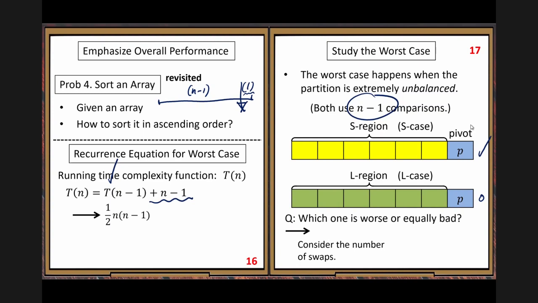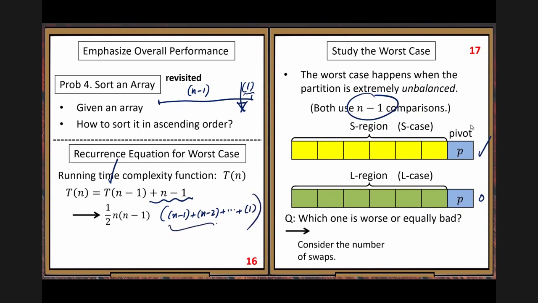For this recurrence relation, you just do iterations step by step. The first time you have this n-1 term, the second time you have n-2 term, and so on. The last one you add 1 comparison.